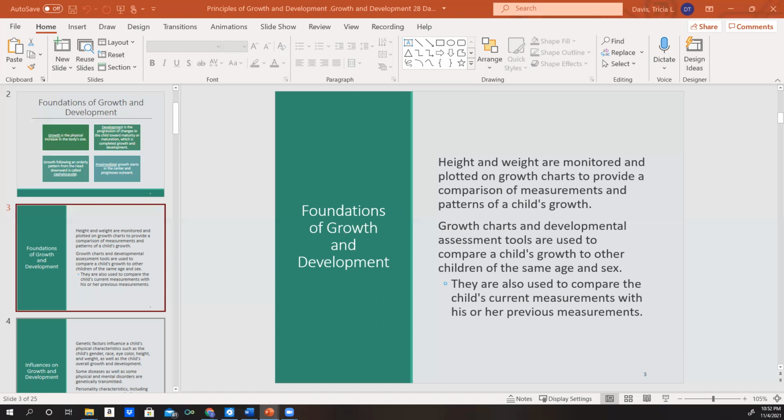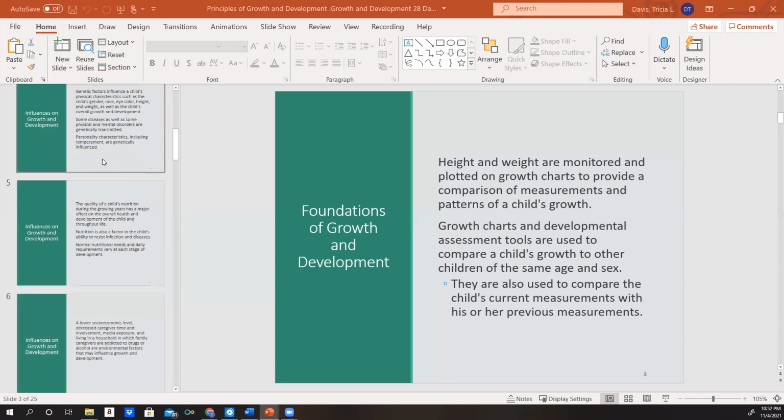There might not be anything wrong. That's just where they fall. But we do use these as measurements, and it kind of keeps us looking out to make sure that there's no problems. Growth charts, like I said, we do use them, but they are only used for comparison only. So if they don't fall into that normal range, it doesn't necessarily mean that there's anything to be concerned about. It's just a comparison.